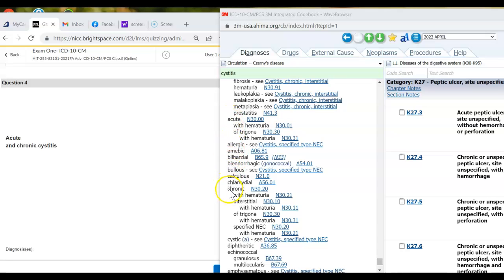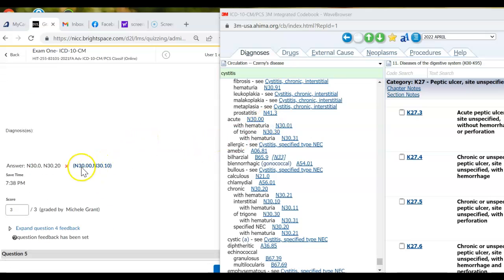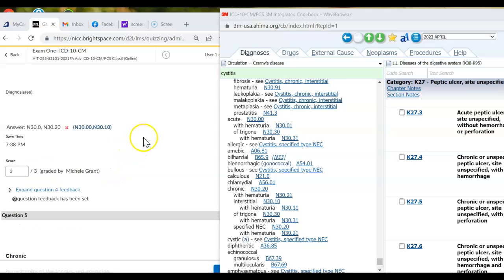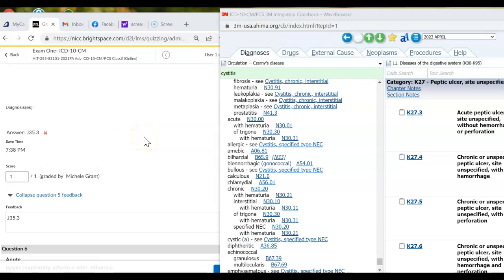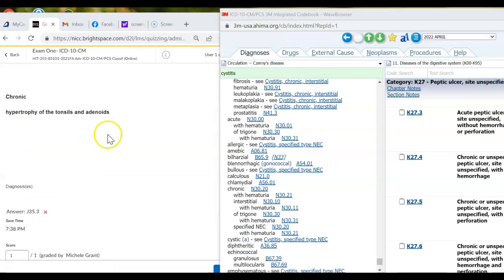That means I code them both, and I am going to have acute as the first code. So it should be N30.00, N30.20. There should have been another 0 here, so I guess that student last year had an extra half a point. Okay, so let's go on here.